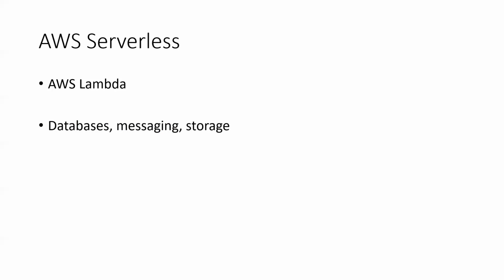We can directly put in our code, maybe Python, maybe JavaScript. It should support all kinds of code bases, and we can directly run it without launching a server. That is why it's called serverless.